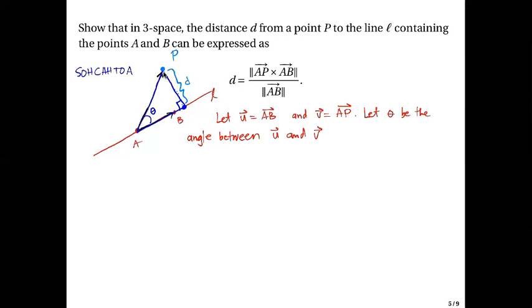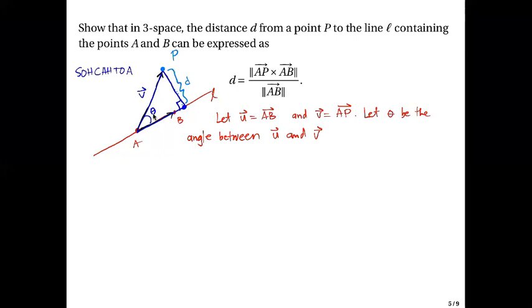Then we know this is our V. This guy here as a triangle is the hypotenuse of the right triangle. And we want to find the length of this leg. This leg here is opposite of the angle theta here.